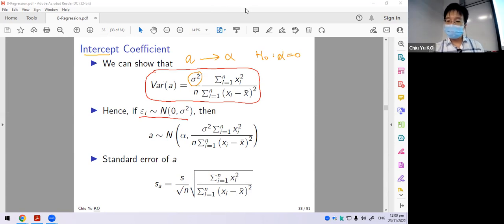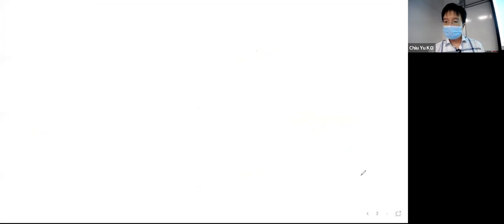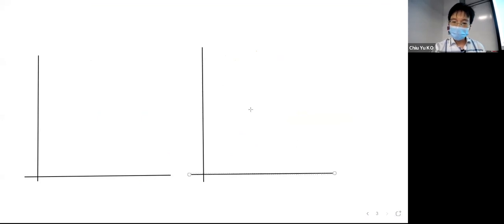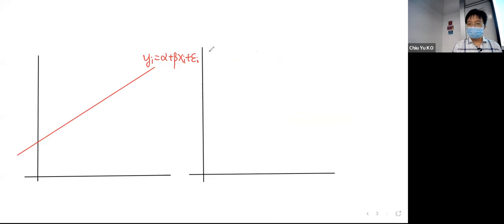Let me illustrate by drawing a graph, and I hope you will be convinced. I will draw two different scenarios. Scenario one is the case where we have low variance, the other is the case of high variance. Remember, the data is generated in this manner: yi is alpha plus beta xi plus epsilon, and this is the population.